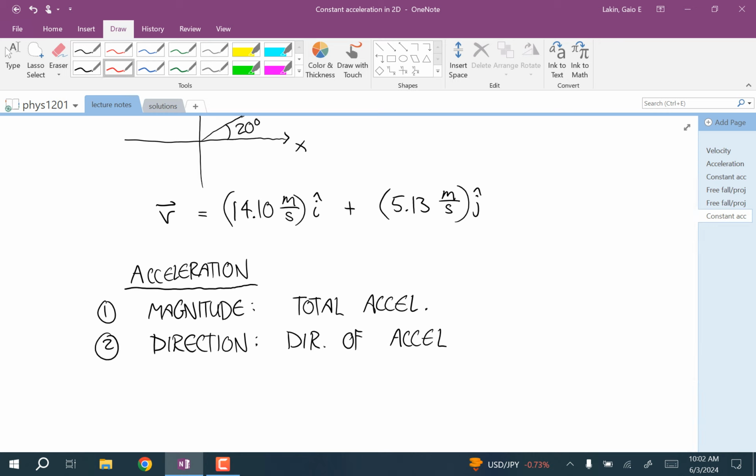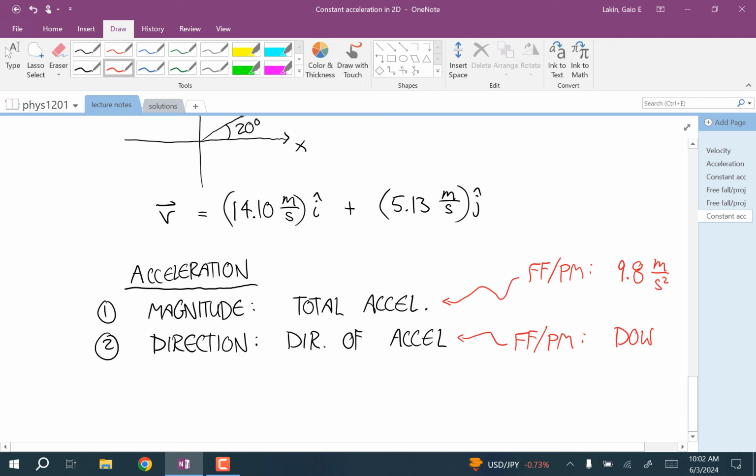So in free fall and projectile motion, the magnitude is going to be 9.8 meters per second squared. And the direction, if you're in free fall and projectile motion, is going to be down.